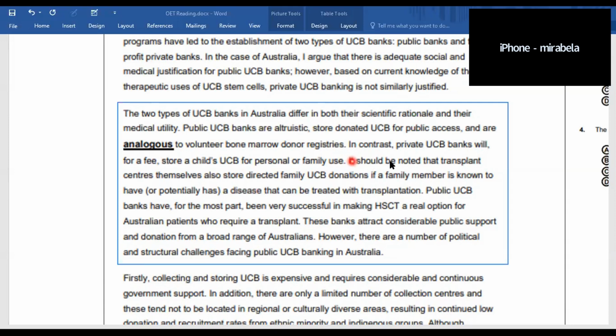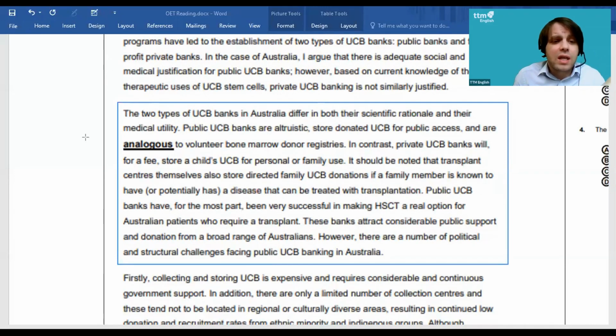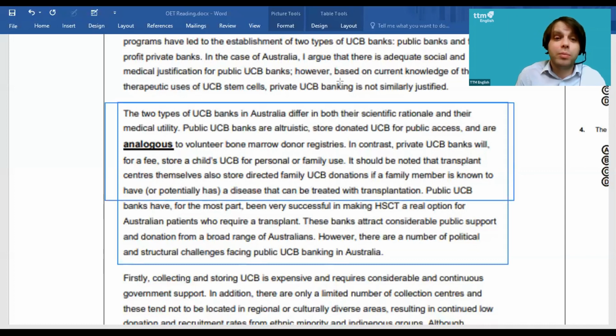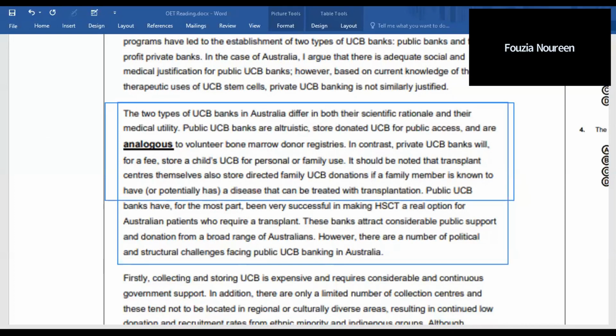It should be noted that transplant centers themselves also store directed family UCB donation if a family member is known to have or potentially has a disease that can be treated with transplantation. Okay, so I'm going to stop because I think I've got the answer. What does the author suggest about public banks?